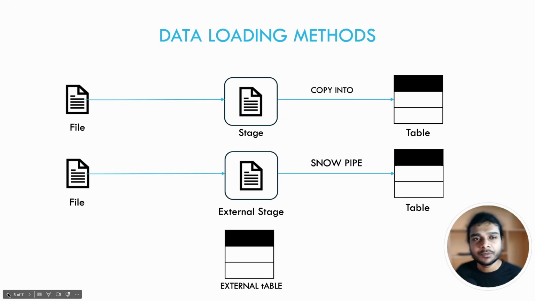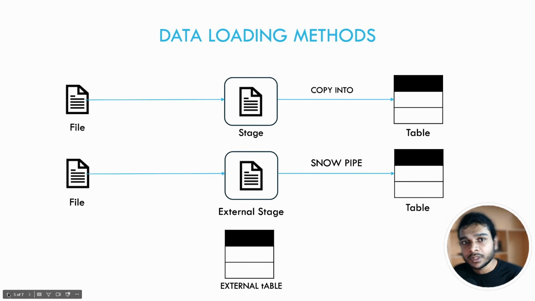Now moving forward. Now we are going to design a mini pipeline with the task, with the concepts that we are left with. We talked about stages. We talked about internal stage and external stage. I demonstrated creating an internal stage, but I haven't demonstrated creating an external stage yet.